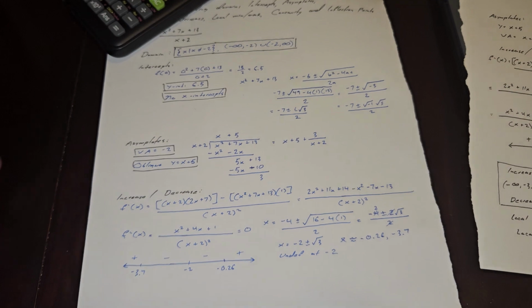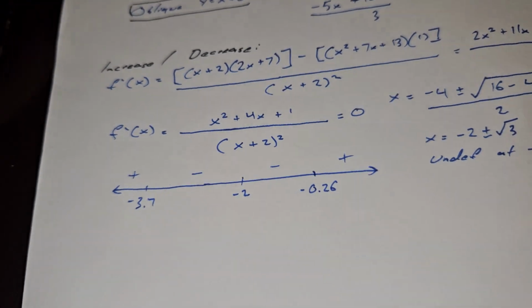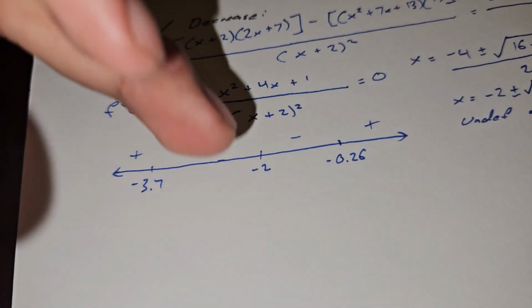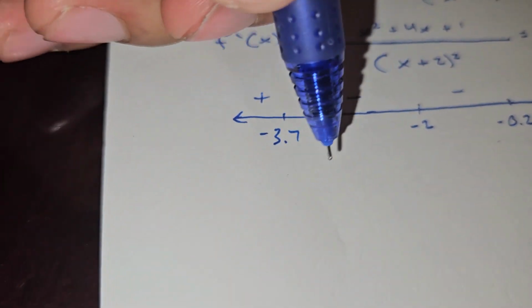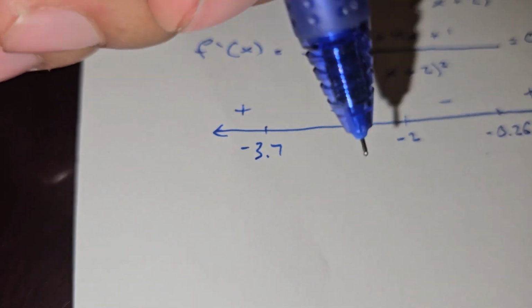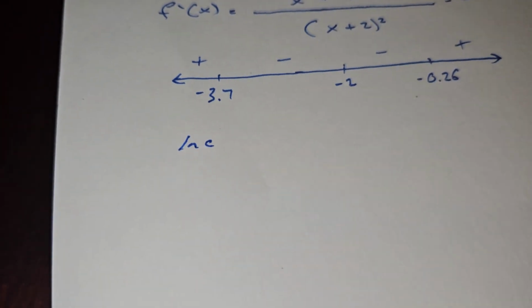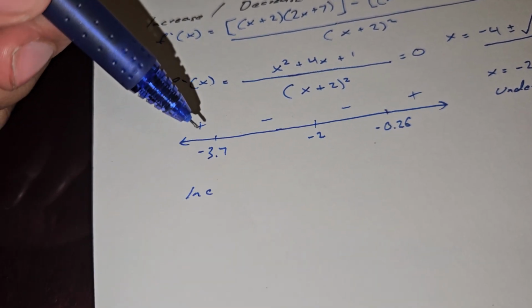So let's go ahead and find out where this is increasing or decreasing, and we're going to find our local min and local max in this portion of the question. The derivative is positive here and there, right?